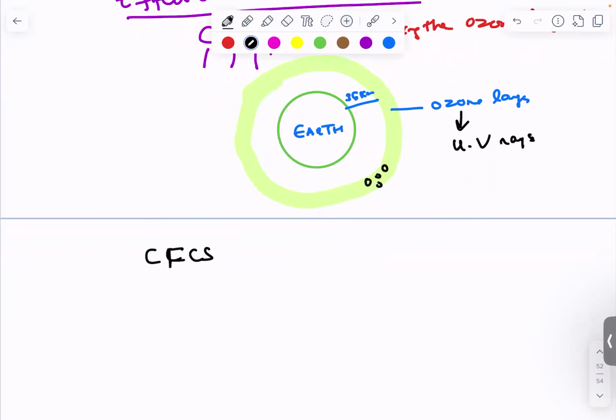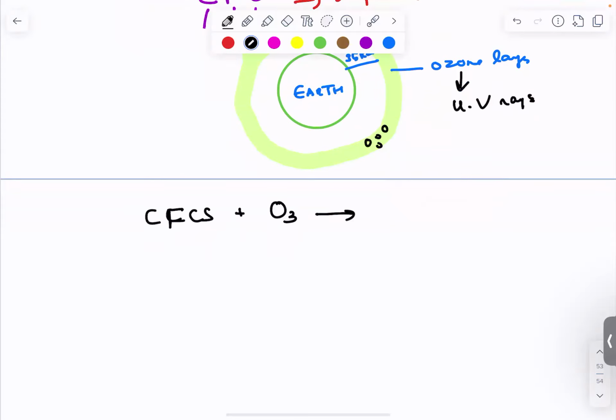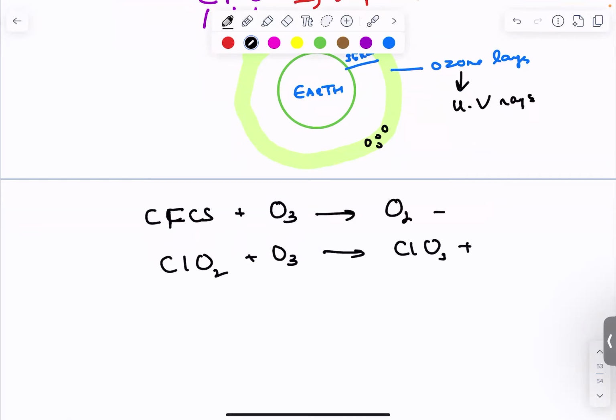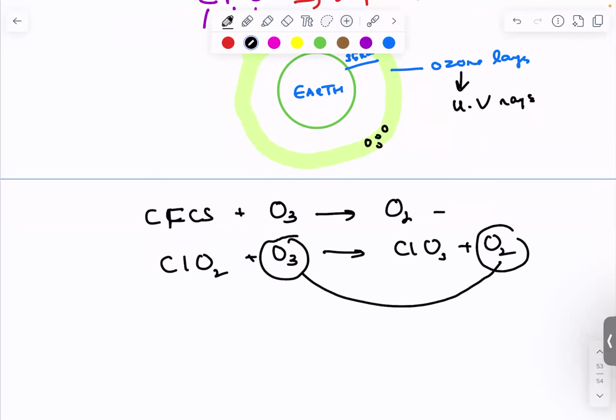So if they go to the stratosphere and react with the ozone molecule, ozone O3 is changed into O2. For example, if I take, let's suppose, ClO2, it is going to react with ozone and change it into ClO3 plus O2. So that means ozone is being changed to oxygen, and around the earth this oxygen is not needed.